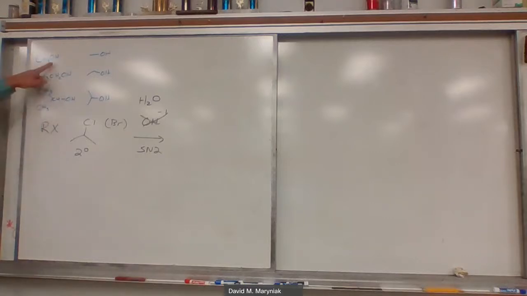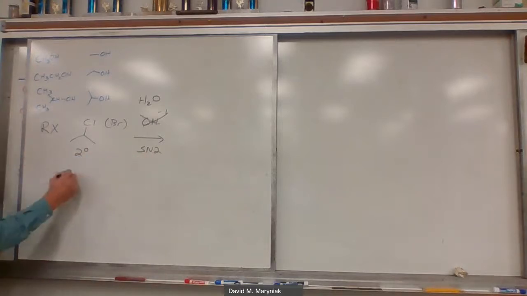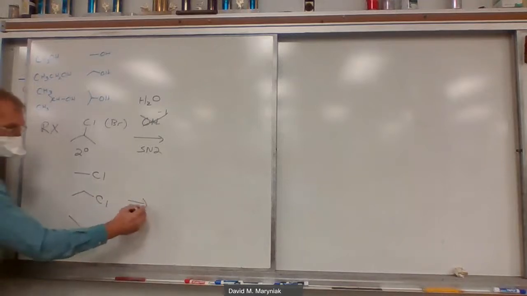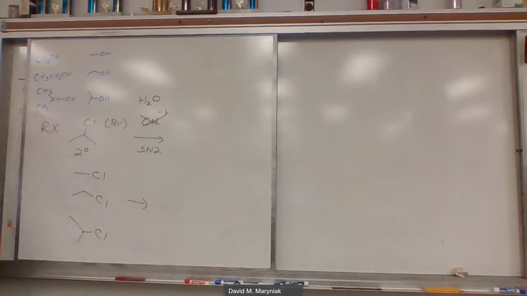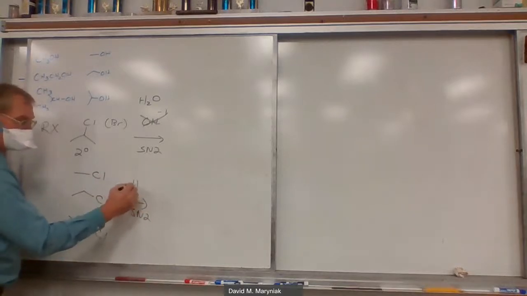So if I say which of these alcohols would be the best at being able to be made from the corresponding halide by SN2, in other words, which of those is going to be the best if we want to do SN2 chemistry?